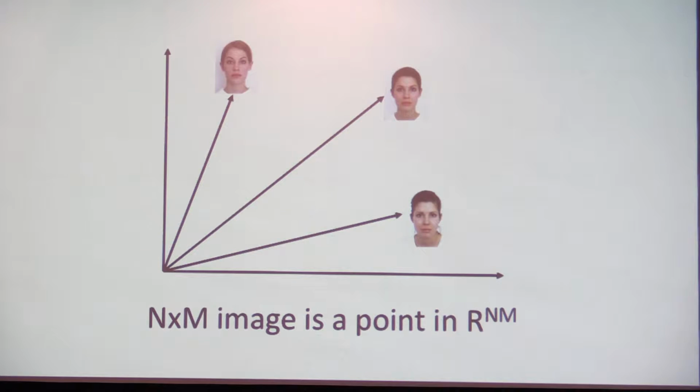So you can represent it as that. Images are another form of tensors. If you have an n by m image, then you can represent this image as a single point in a much larger dimensional space. So images in general can be thought of as just points in like a 1,000 or 1,000,000 dimensional space.